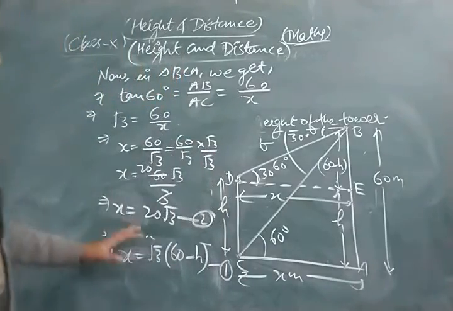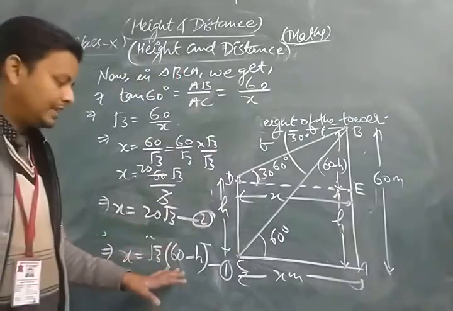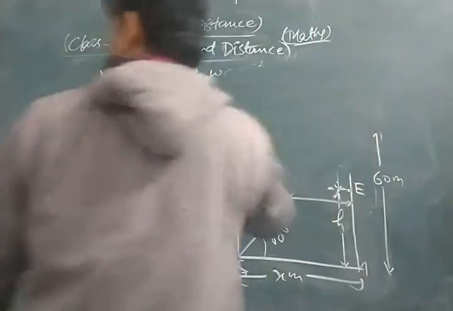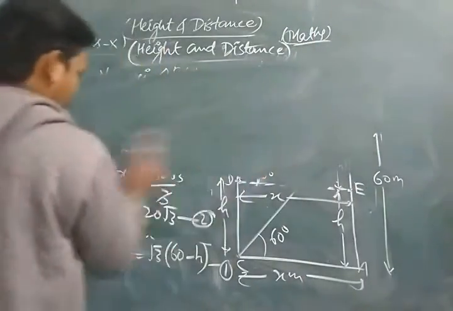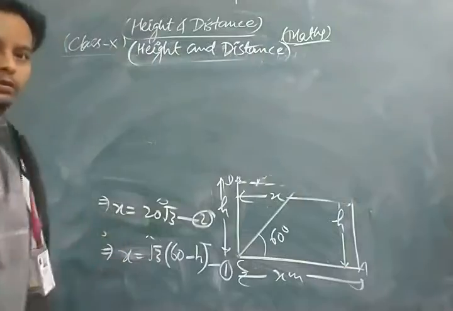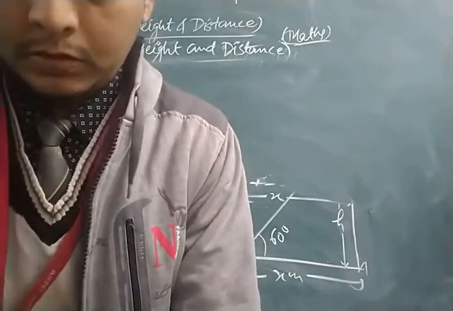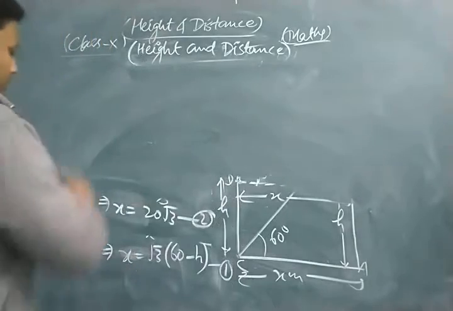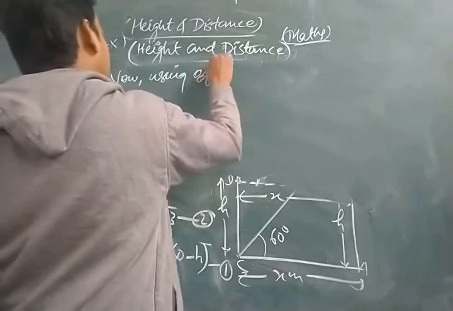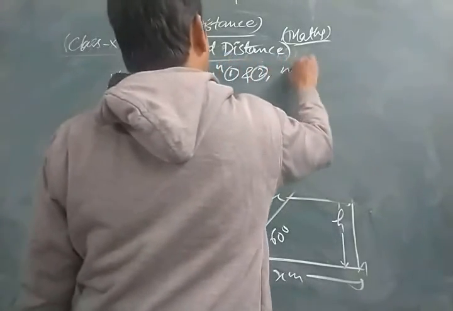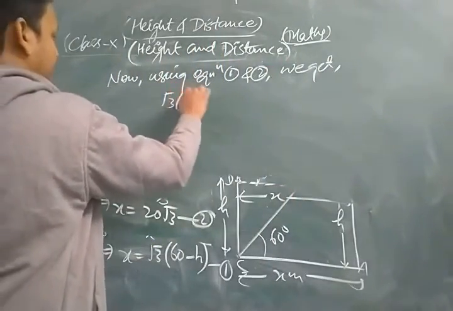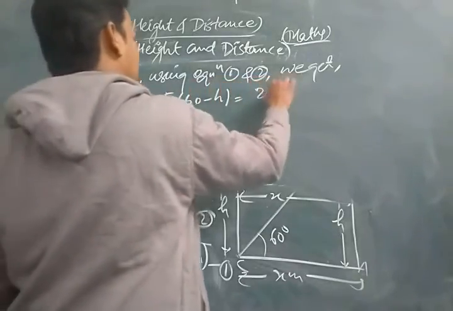Now using equations 1 and 2, we eliminate the value of X. We get root 3 into (60 minus H) is equal to 20 root 3.